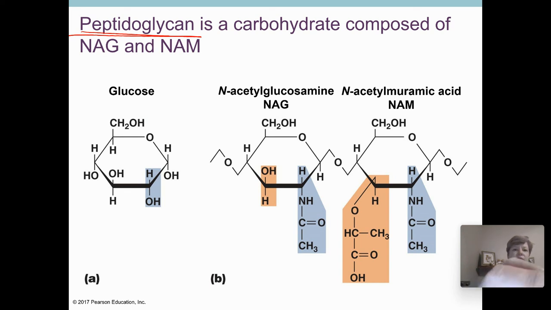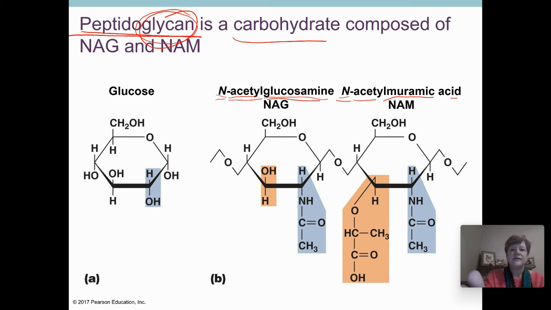And the carbohydrate portion, the part I said is hinted at with that root glycan, that carbohydrate portion is similar to glucose. So they put glucose on the left so you can compare. On the right, these are the carbohydrates that are in peptidoglycan. One is called N-acetylglucosamine and one is called N-acetylmuramic acid.